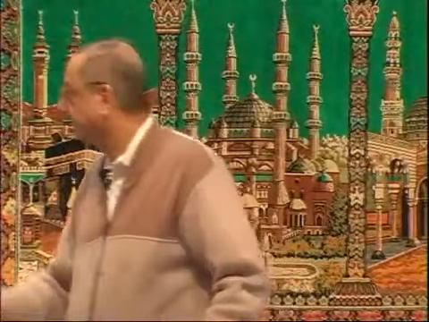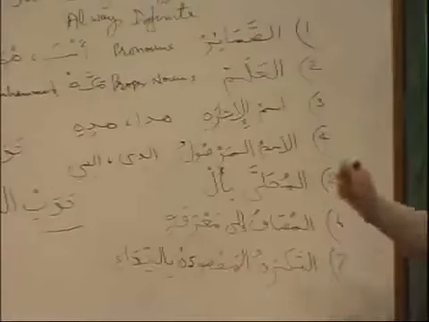Are you with me? Rasulullahi. What did ya do? It made Rasulu into Rasulullah. Okay, fine, brothers and sisters. Is Allahi definite? Why? Muhalla bil al. It has got al also.